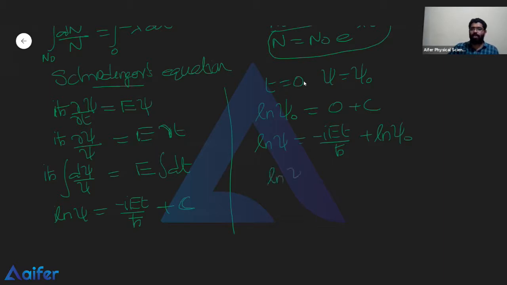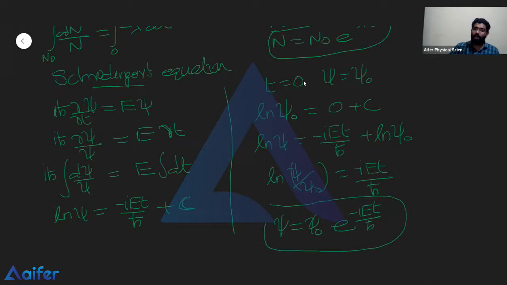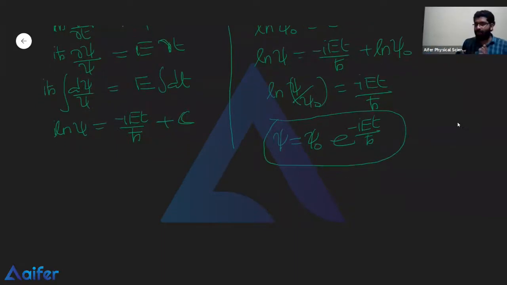Taking the exponential, you get psi equals psi naught e raised to minus i E t by h cross. The physical meaning of this equation I will tell you later, because we have not yet introduced quantum mechanics. For now, just understand it as a mathematical equation.